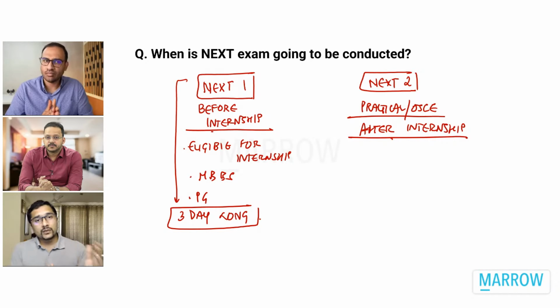So the practical skills were missing. A lot of times we've seen our first years joining and they don't know basic skills like Foley's catheterization. So this exam will address those problems and will test the basic procedures or concepts which an intern should know. Over to you, Dr. Bas.